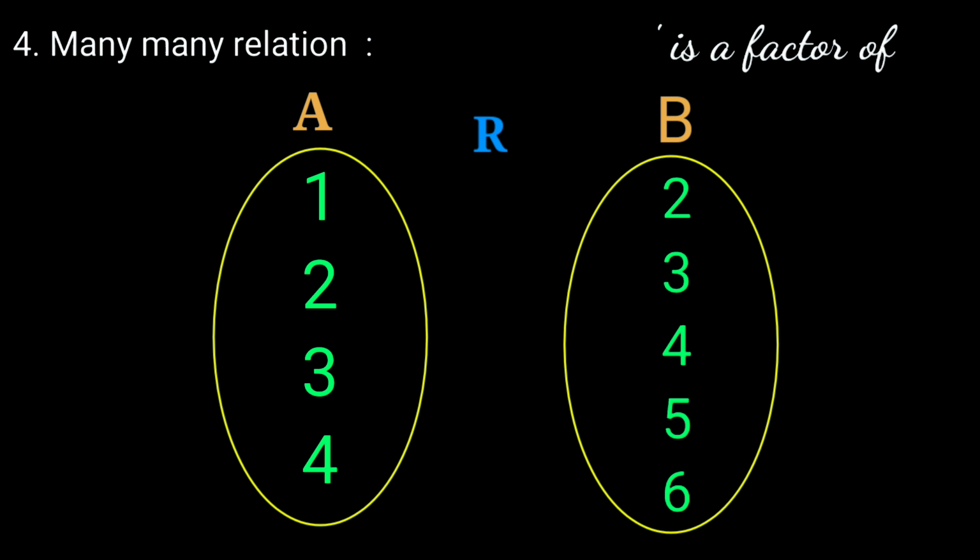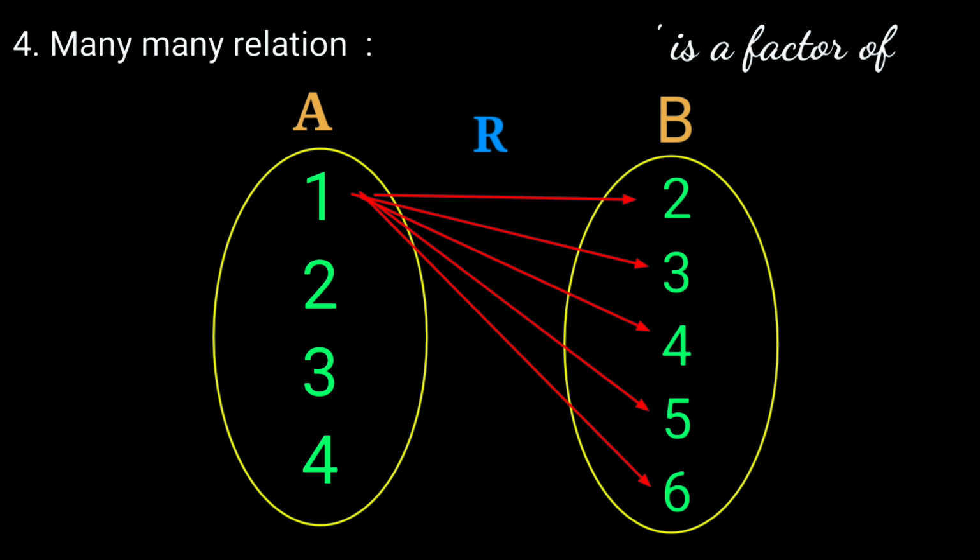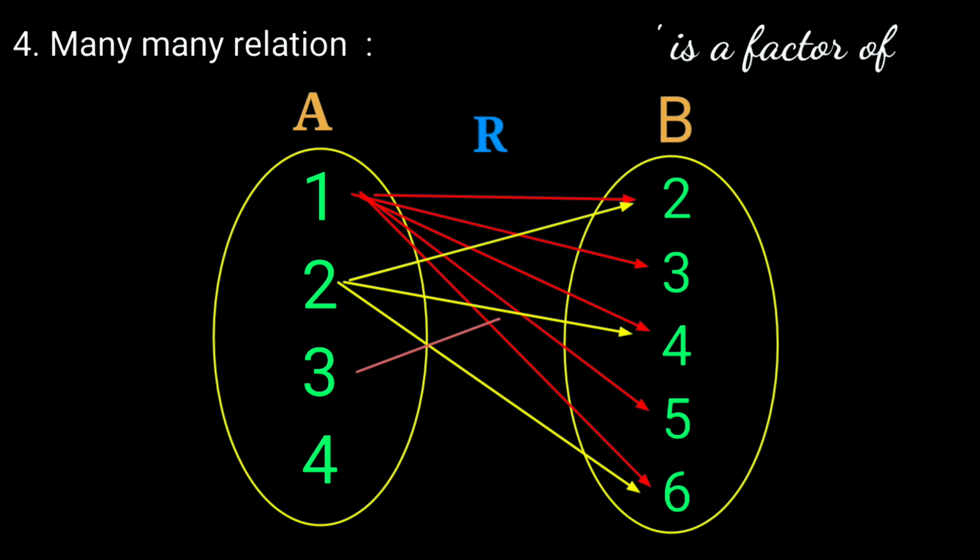In this relation R, 1 is assigned to all the elements in the set B as 1 is a factor of every number. The element 2 of A is related to 2, 4 and 6 of the set B as 2 is a factor of all these numbers. And in the same way, 3 is connected with 3 and 6 and 4 is connected with 4 only.